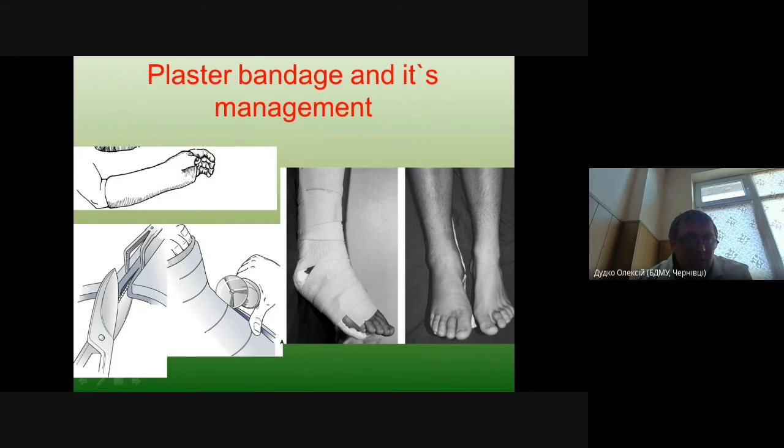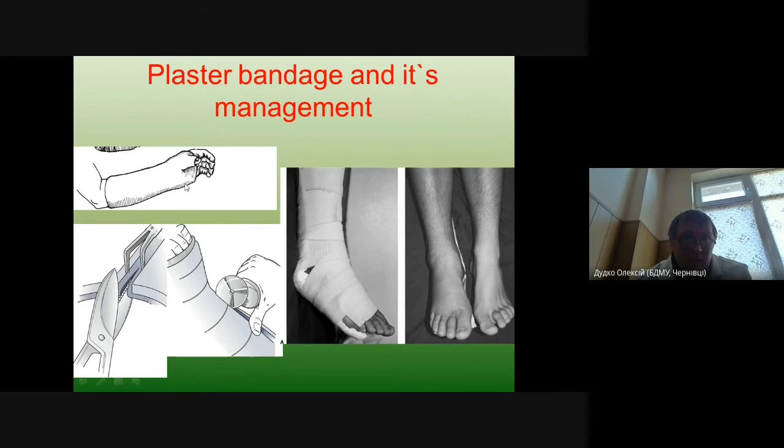The patient's finger can become pale or even dark, and it indicates that the bandage should be removed, or at least you should cut it and make some release. Because if you remove it, the fracture that was reduced may be displaced. But if you just cut the circular bandage, it will make some slight release. In many cases, that is enough. But you should watch your patient.